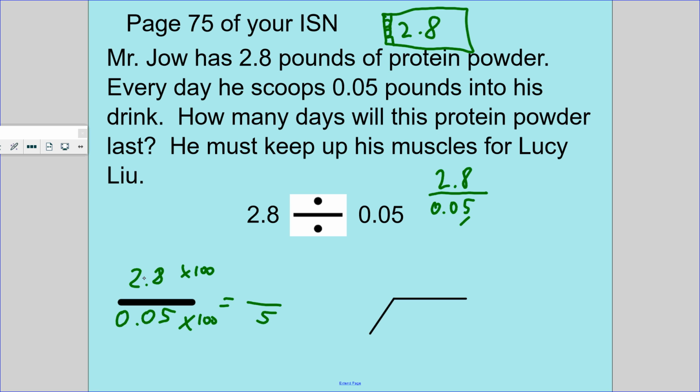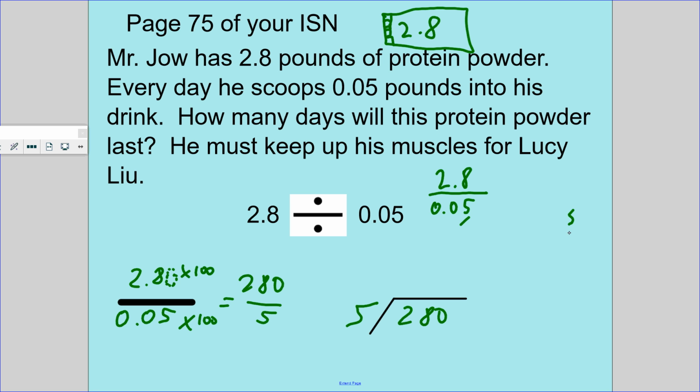If I multiply 2 and 8 tenths by 1,000, let me put a 0 placeholder right here. What's 2 and 800 thousandths times 1,000? That's 2,800. So how would I divide this? 2,800 divided by 500. Does this look easier than this? I personally would rather work with whole numbers than decimals.